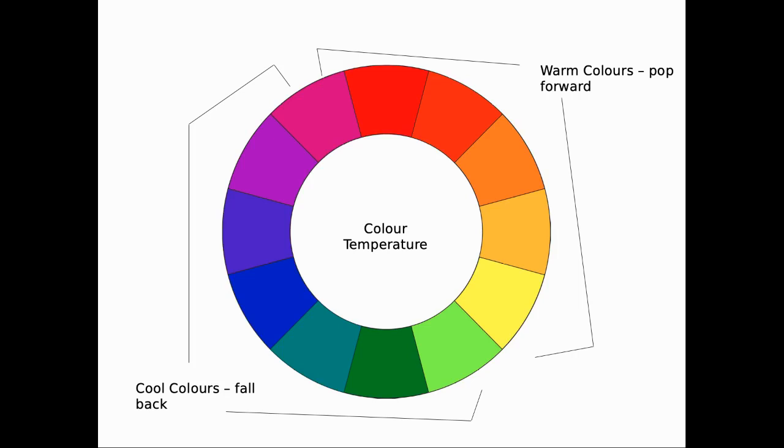If you're using them in a design, the theory is those warm colors are going to pop forward. On the other end of the color spectrum, you have violet, blue, and green. Those are called cool colors, like watery colors. The idea there is that they're going to fall back in design. So maybe they work better in the background, whereas warm colors might work better in the foreground.